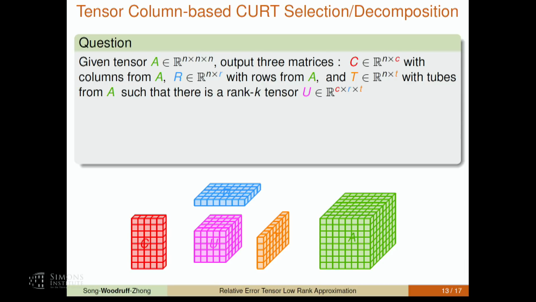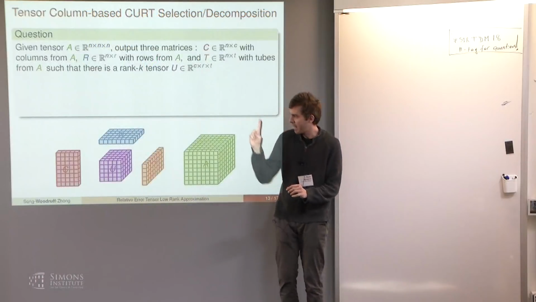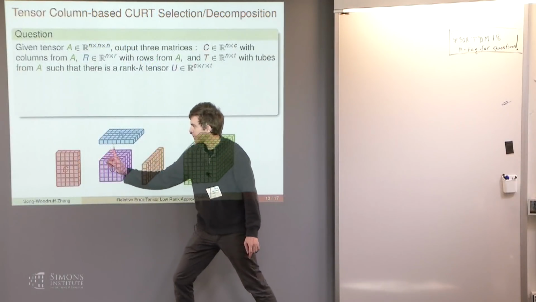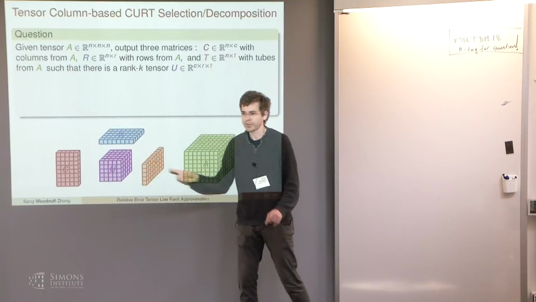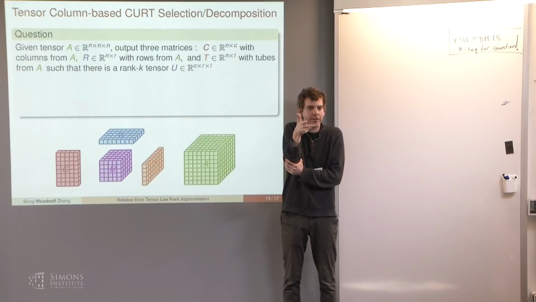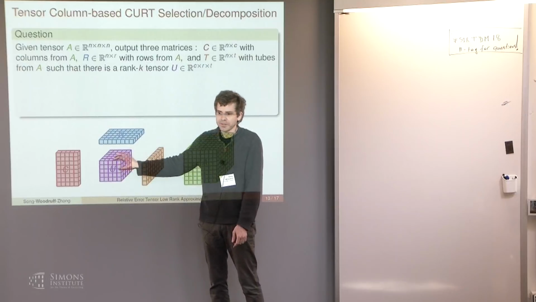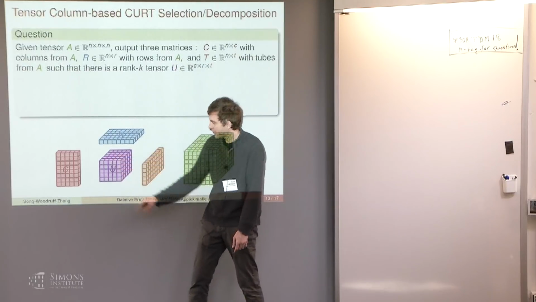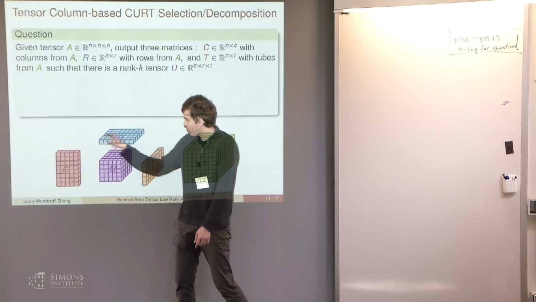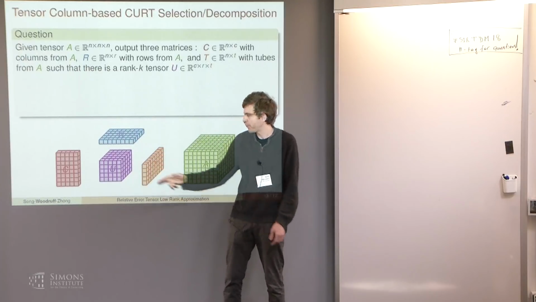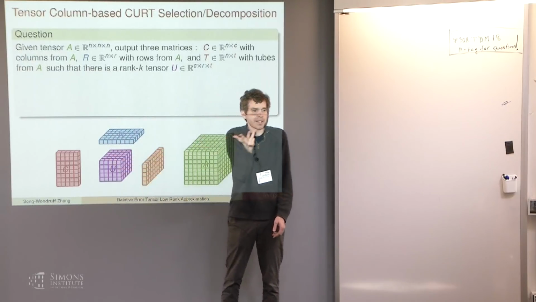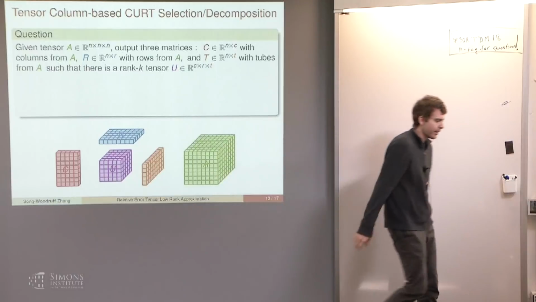The way you can think of this is, when I take my subset of columns, my subset of rows, and my subset of tubes, I take some column here, some arbitrary row here, and some arbitrary tube here, and I take the outer product of these three vectors. And I have some coefficient for that outer product in U. And I take a different triple, column, row, and tube, and I have some other coefficient in U. And U is just adding up all of these outer products.